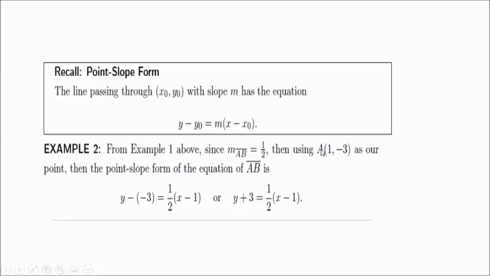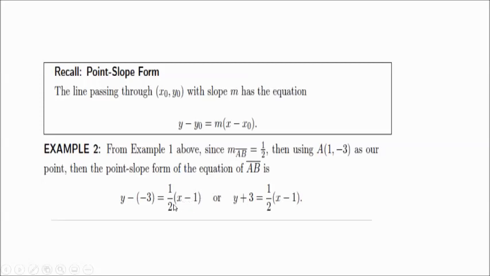So just substitute the 1, -3 here. So -3, and then the m, which is 1/2, then x sub 0, which is 1. Take note, be careful with the signs.